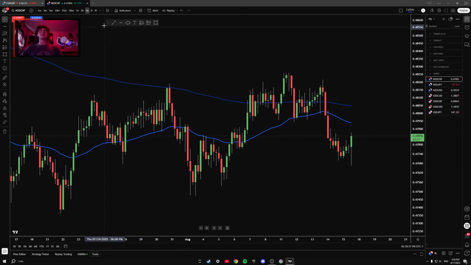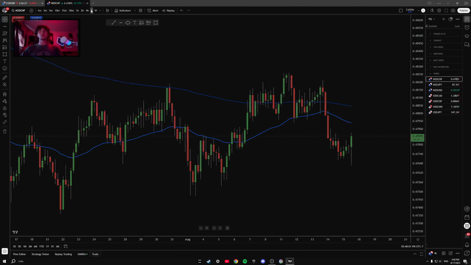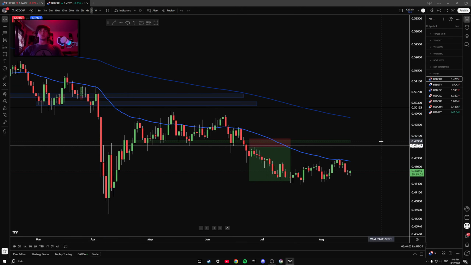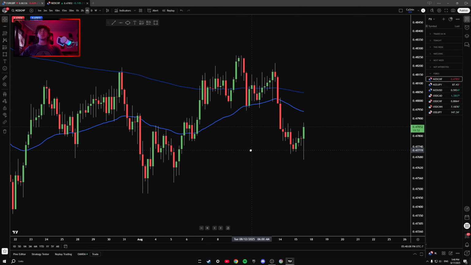NZD CHF. Looks like a head and shoulders right there. Okay.